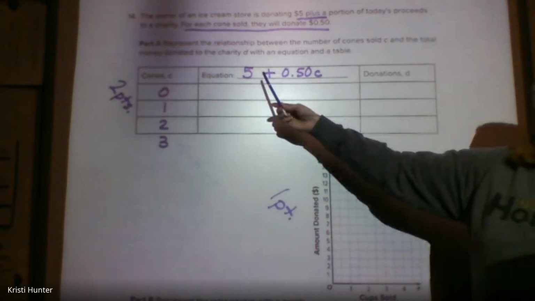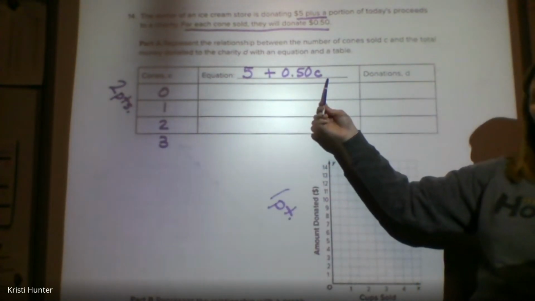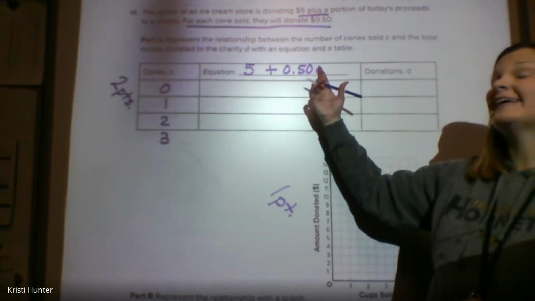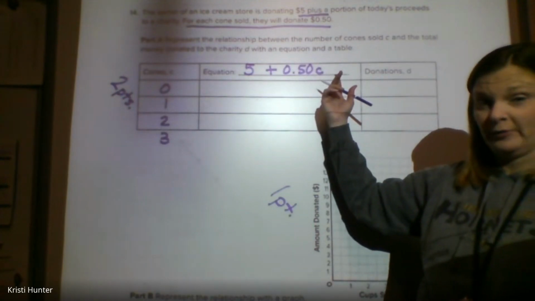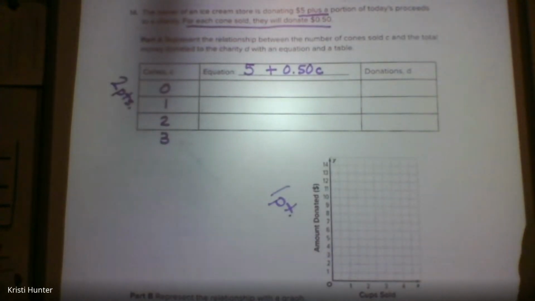So they donate $5 plus 50 cents per cone, and that's going to give me their donation amount. Okay? Remember, don't switch these two around because otherwise you're telling $5 per cone and they were only giving 50 cents to start with, which will give you a very different donation amount.